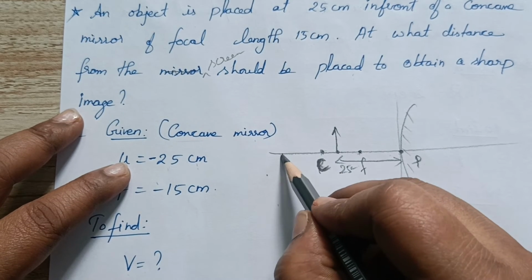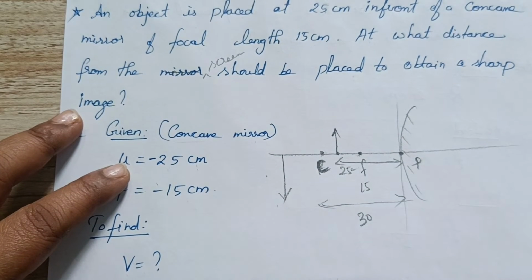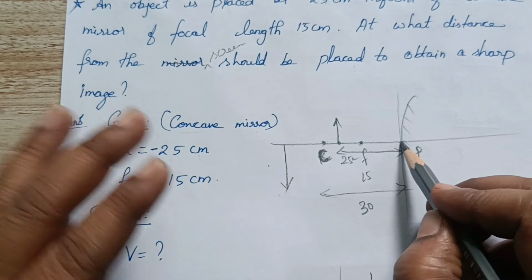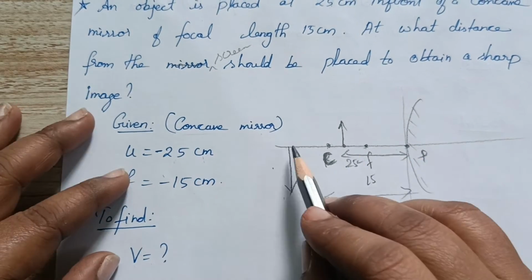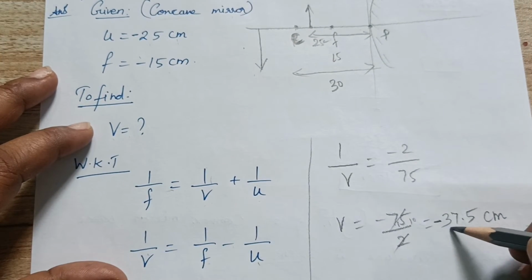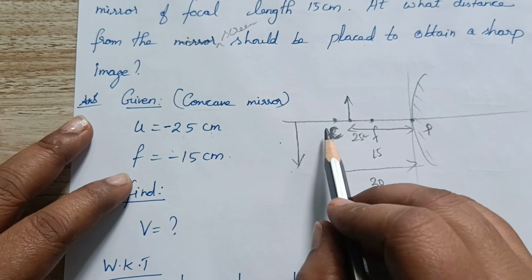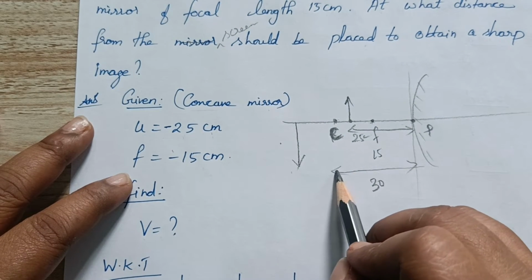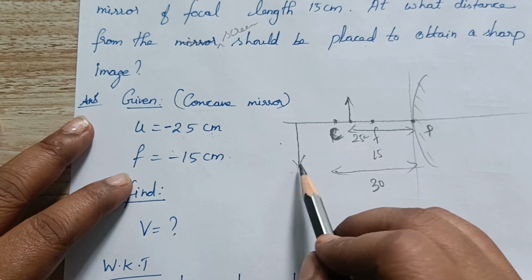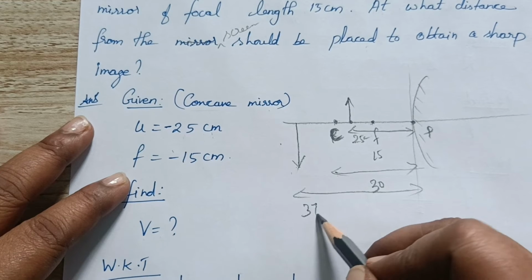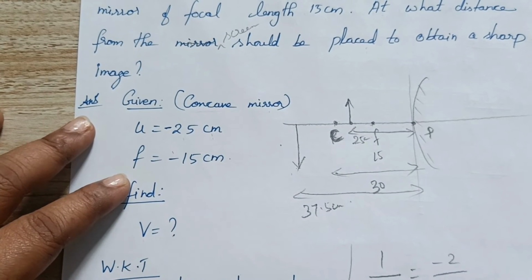Remember, beyond C, a real and inverted image. Clear? So now it is on the left side, the negative side of the x-axis. So you got minus 37.5. Your center of curvature is up here at 30, and your image will be formed at a distance of 37.5 centimeter.